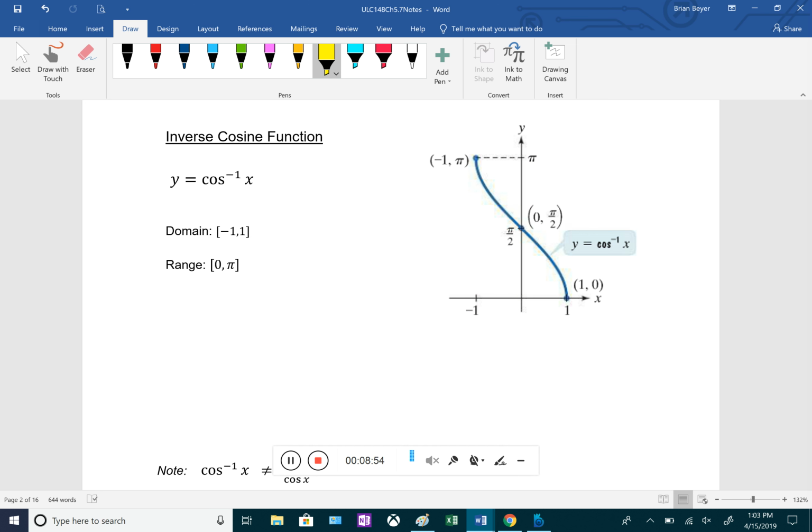So once again, as always, inverse functions have flip-flopped domains and ranges. And here's the inverse function y equals cosine inverse of x. And the relationship, just like for sine, is if y equals cosine inverse of x, that means cosine of y equals x.